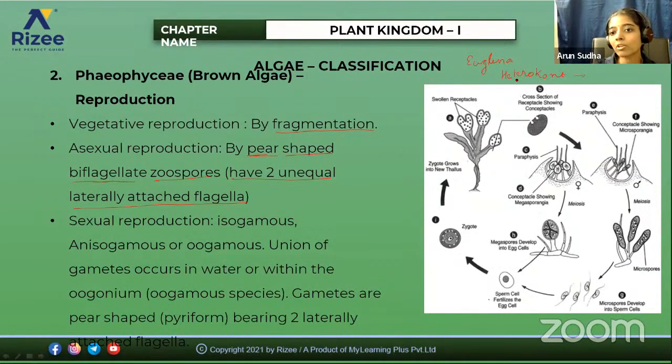In Euglena, the two flagella will be of unequal size. One will be large and one will be small. That type of flagella is called heterocont flagella, and also stichodematic. Based on the type of hairs present on the flagella, there are many different types, and this stichodematic flagella has a single row of hair.